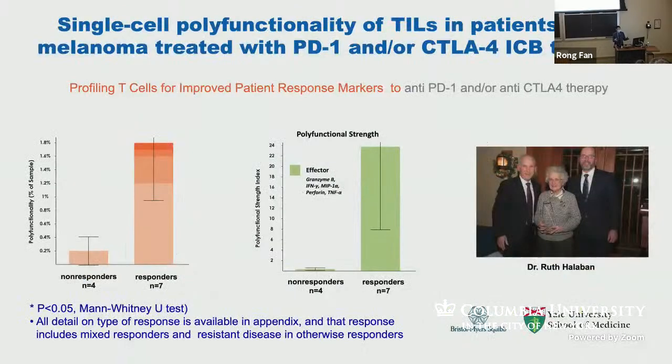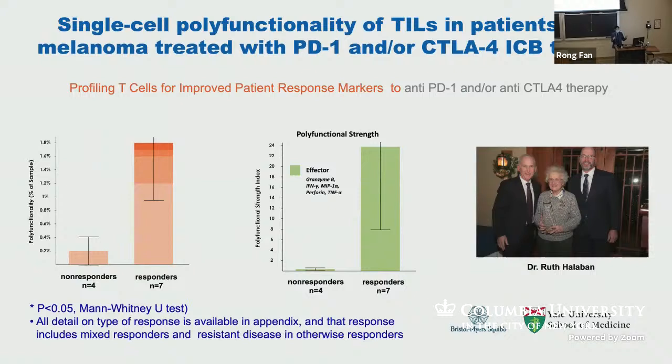This is not limited to CAR T cells. We also looked at tumor infiltrating T cells. In this case, we're not able to do antigen-specific stimulation. We just stimulate non-specifically.